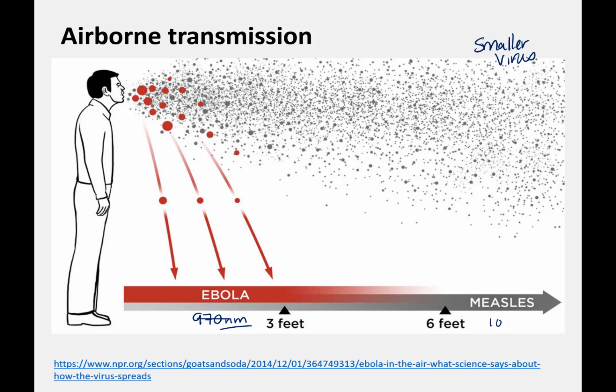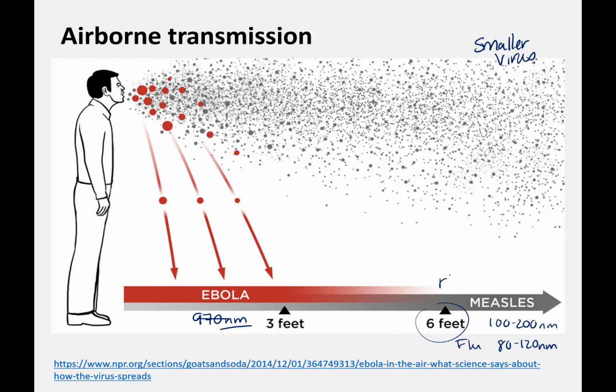Measles is about 100 to 200 nanometers, so much smaller, so it can travel much further. The flu, influenza, is between 80 to 120 nanometers, right? And here we're talking over 6 feet. So it's not that you have to just protect yourself from the person sitting next to you coughing or sneezing on you. They could be 6, 8, 10 feet away and still release infectious virions into the air.